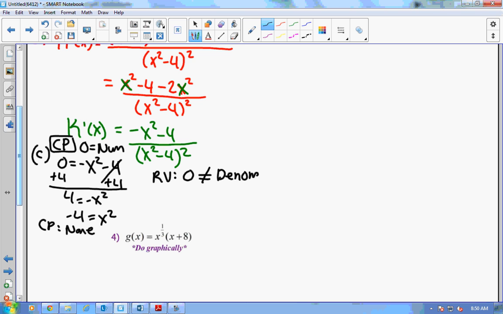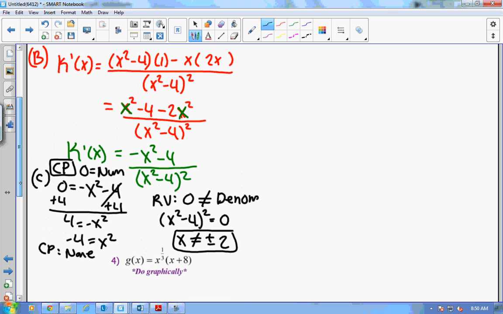Okay, if you don't know, then set it equal to 0 and solve it, because it'll end up being plus and minus 2. So x can't equal plus and minus 2. Those are restricted values because they will make the denominator 0. Okay, so that was part C.